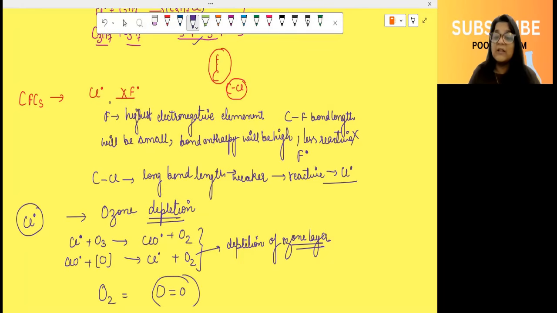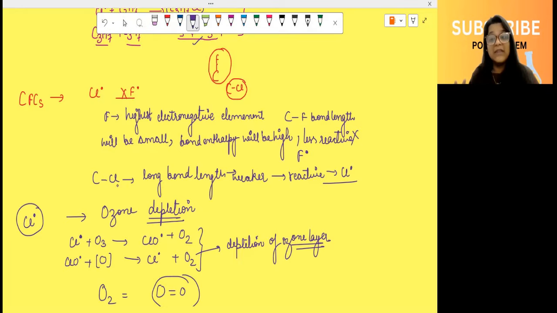Thus, it becomes less reactive. Whereas in the case of C-Cl, the bond length is comparatively larger, so it is weaker. As a result, it is reactive and will easily form a chlorine free radical.